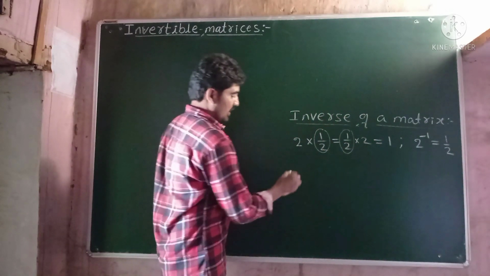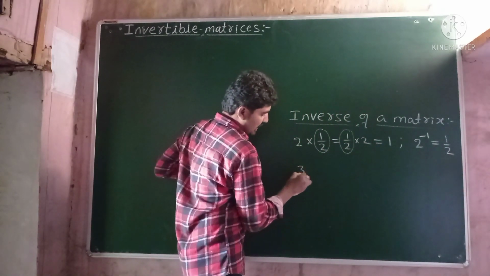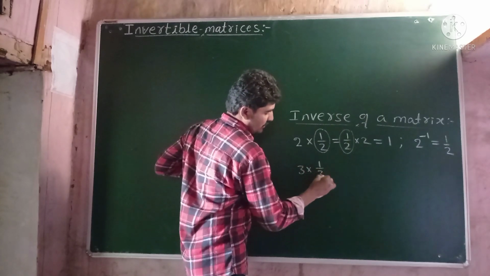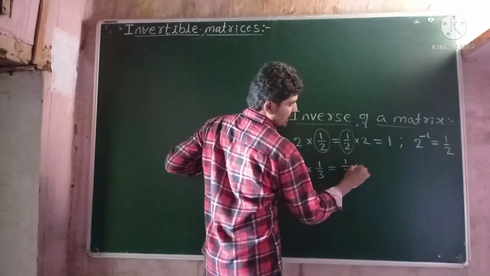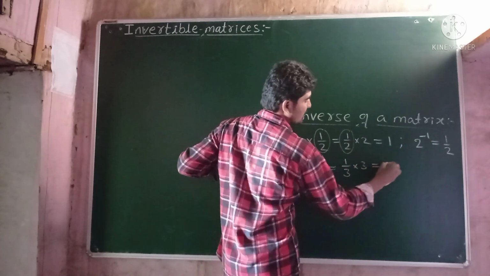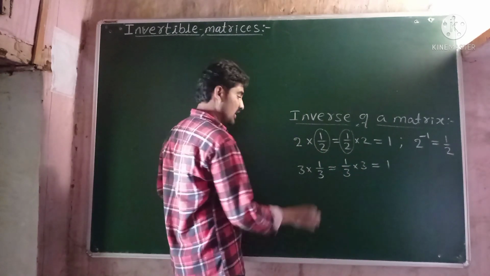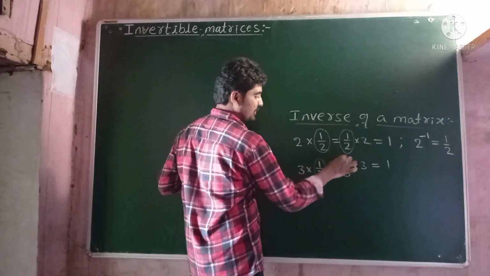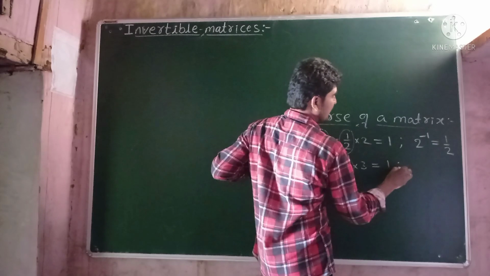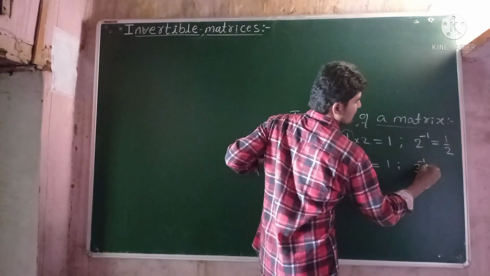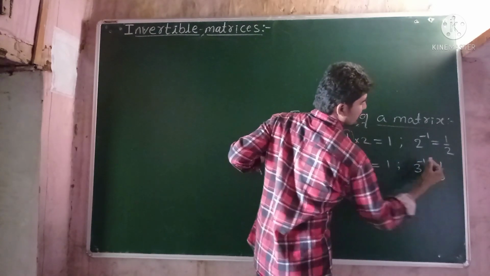Similarly, if I multiply 3 with 1 by 3 or 1 by 3 with 3, answer is equals to 1. Then this 1 by 3 is called inverse of 3, and we write it as 3 inverse is equals to 1 by 3.